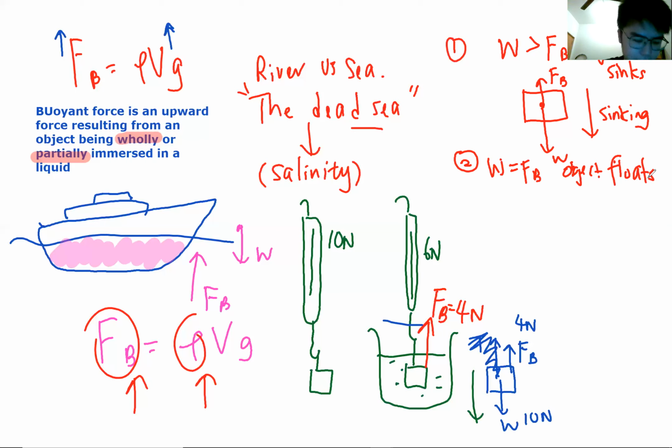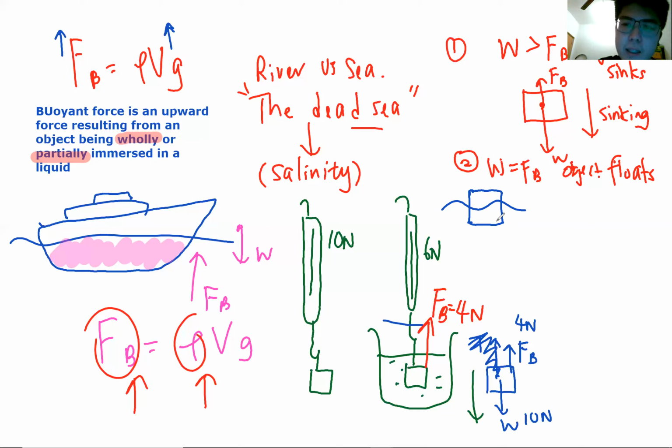Now, floating can be in several forms, 我说来给你看. Floating can be like this. First one, this is the object, and the object stays at the same height like this. It won't sink, it won't go down, it won't go up. This we call floating, as long as it is hovering at that exact position.